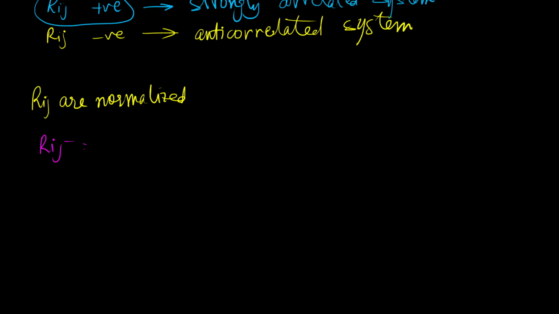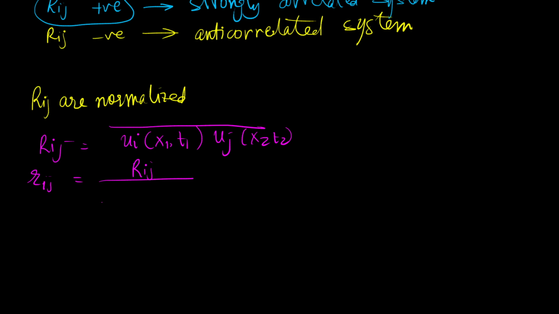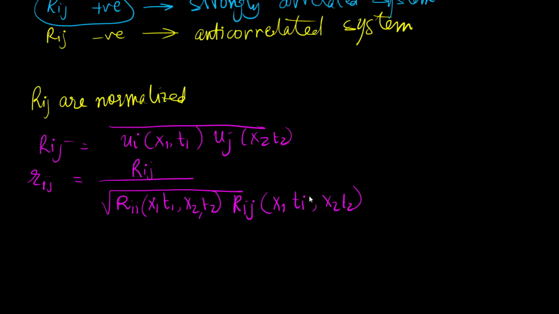Rij is by definition ui(x1, t1) uj(x2, t2), and you can normalize it, and you can say Rij is going to be Rij divided by the square root of Rii(x1, t1; x2, t2) times Rjj(x1, t1; x2, t2).